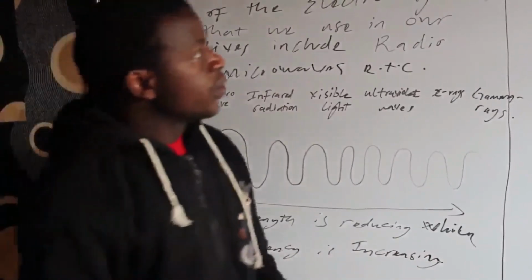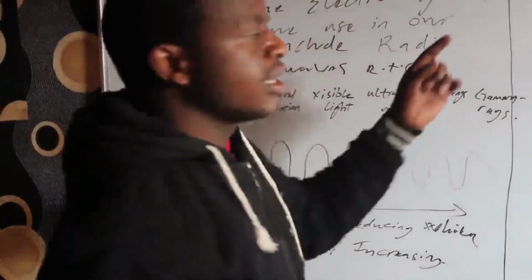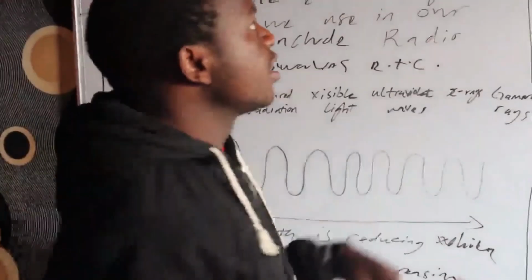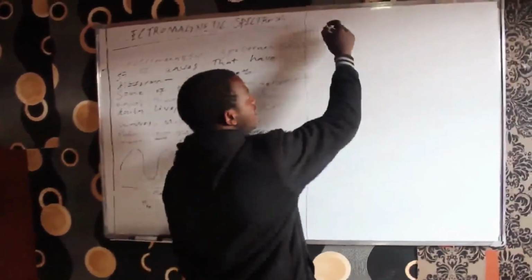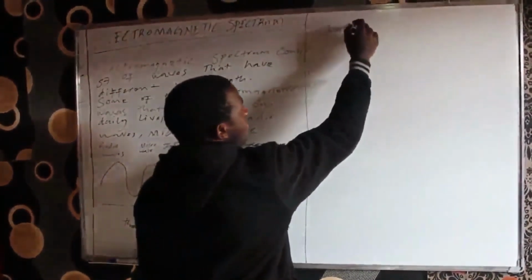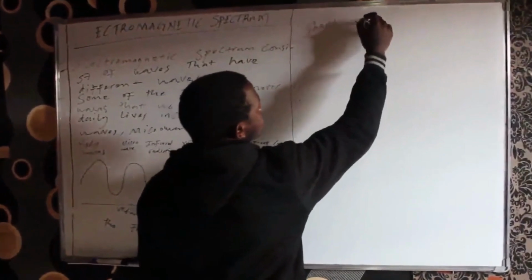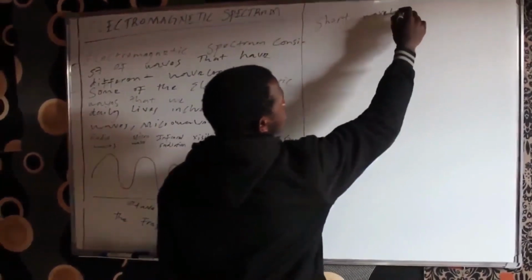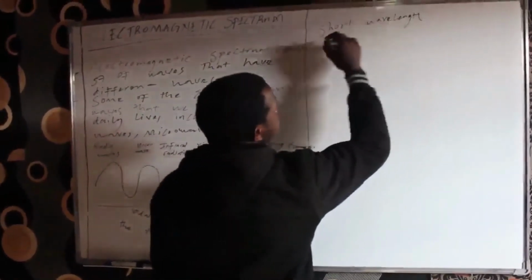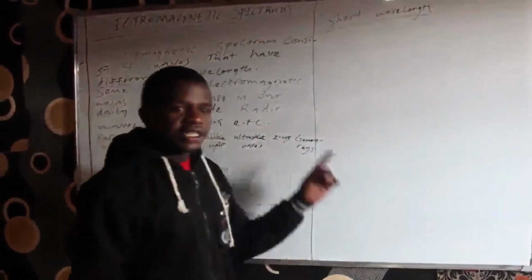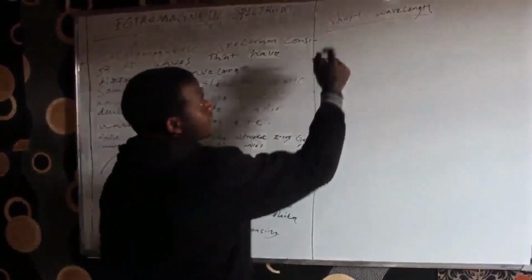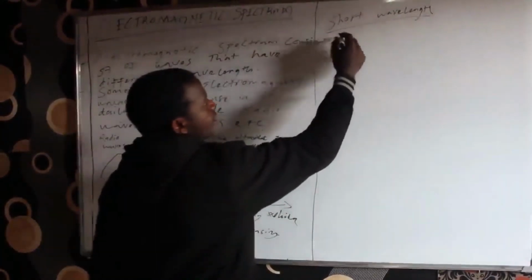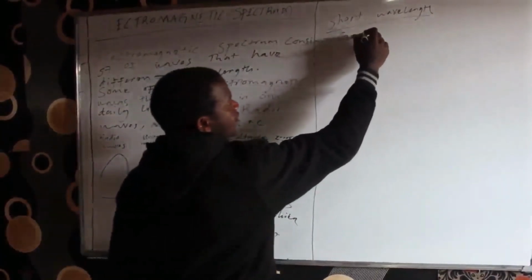Then let us now look at the length of the wavelength. The electromagnetic waves that have a short wavelength, we have the gamma rays.